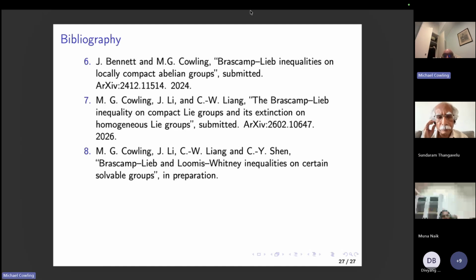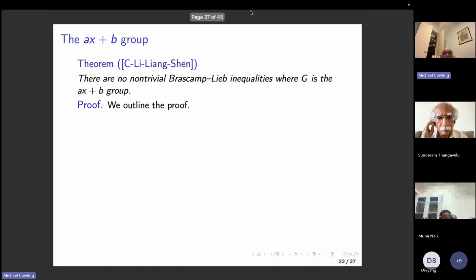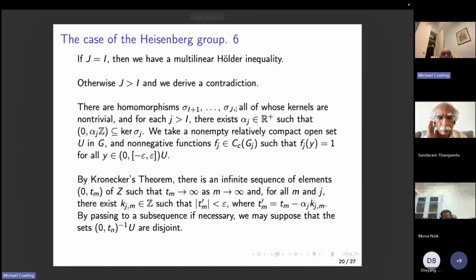And for the Heisenberg groups, we really had to use this theorem of Kronecker, which is in the real numbers, and I don't know a suitable analog of Kronecker's theorem in Rn when the center is n-dimensional. So maybe that's just that I don't know enough number theory, or maybe it says actually there are some more interesting Brascamp-Lieb inequalities in this case. It remains to be seen.